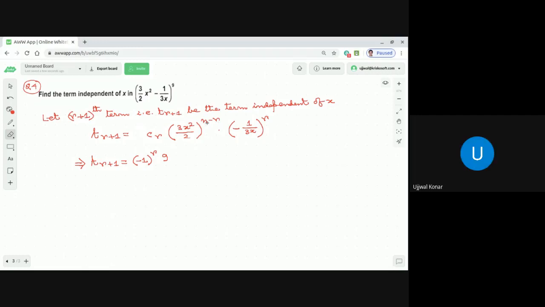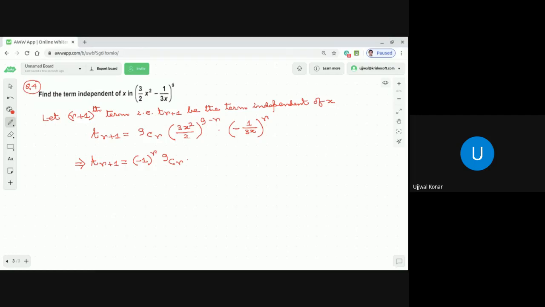So (−1)^r into 9Cr into 3^(9−r) by 3^r, correct or not?